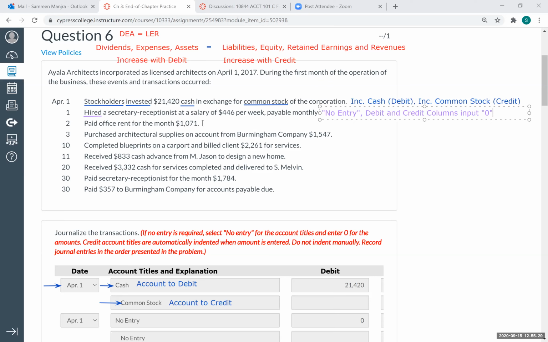In the next transaction, on April 2nd, the company paid office rent for the month. Because I see the word paid, that means that money is coming out of my bank account. There is going to be a decrease in cash, and the reason for that decrease in cash is for rent expense.